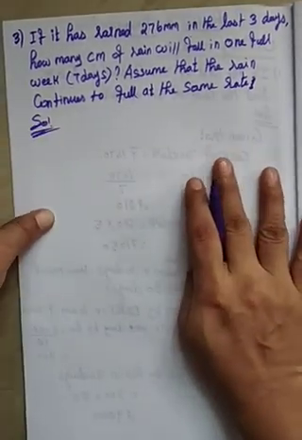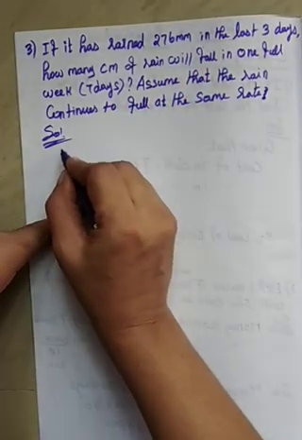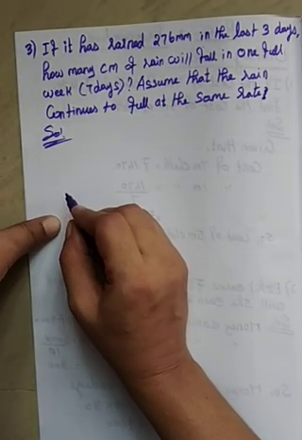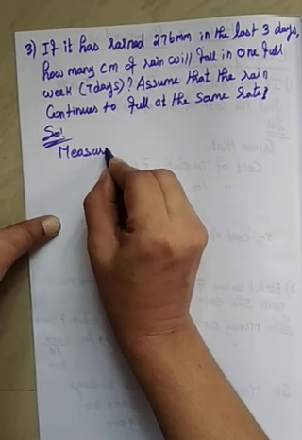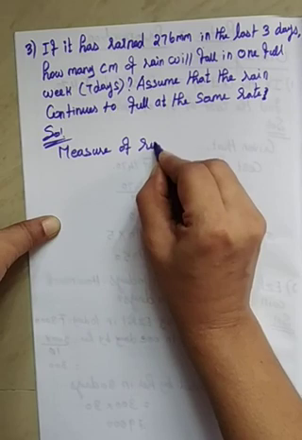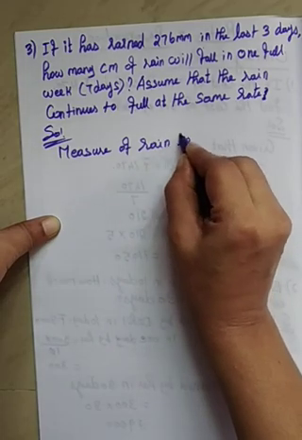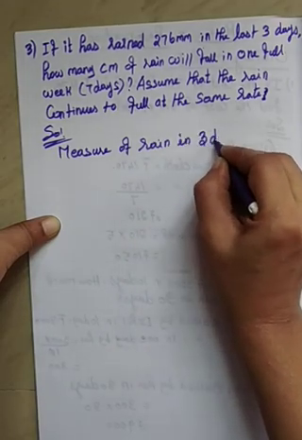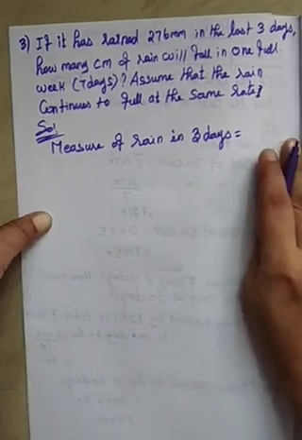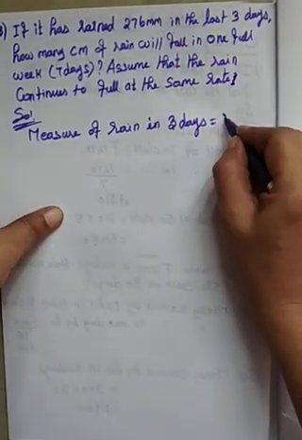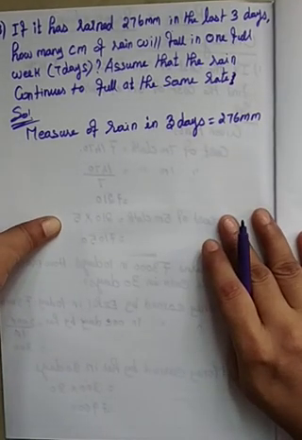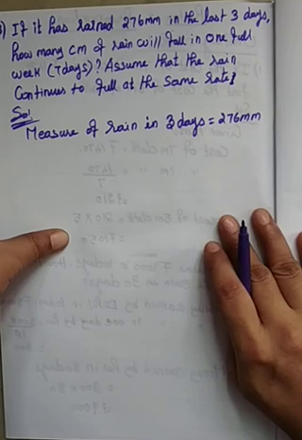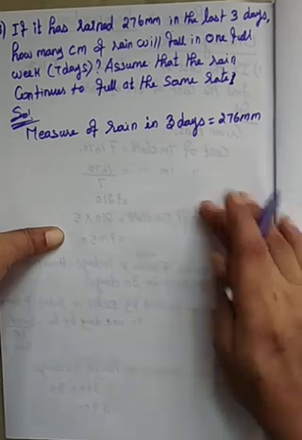So first, as usual, write the given condition. Measure of rain in 3 days is equal to 276 millimeter.